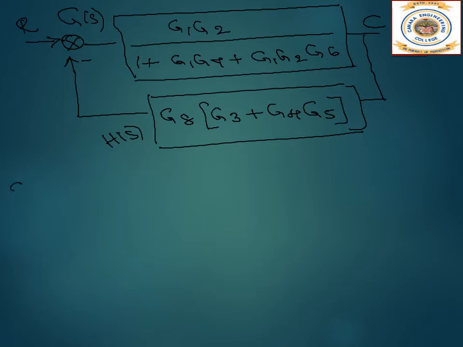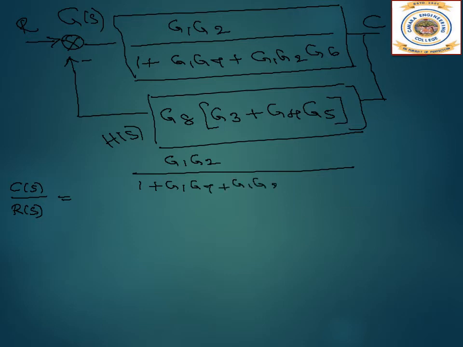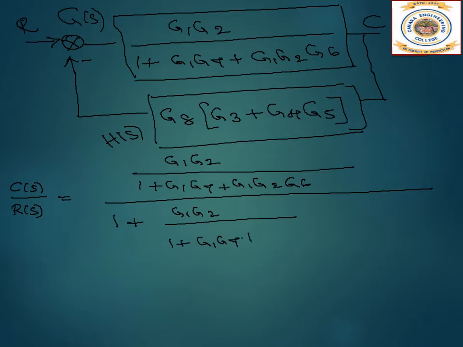So let us find out C of S by R of S. Taking G of S, G1 G2 divided by 1 plus G1 G7 plus G1 G2 G6, whole divided by, again, 1 plus G1 G2 divided by 1 plus G1 G7 plus G1 G2 G6 into H of S, that is G8 into G3 plus G4 G5.